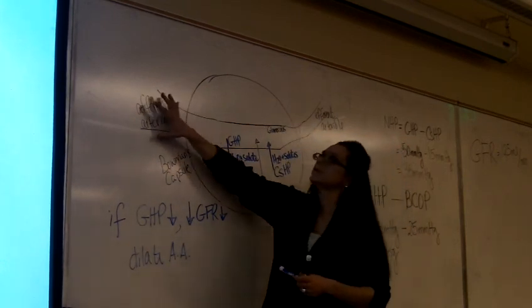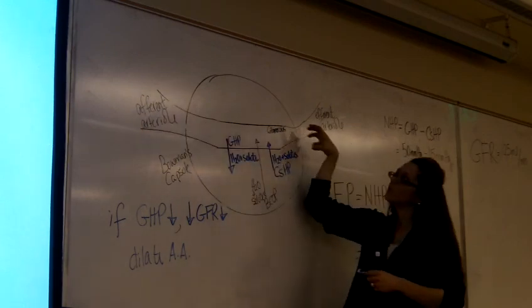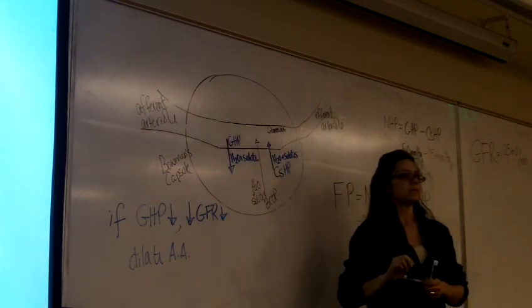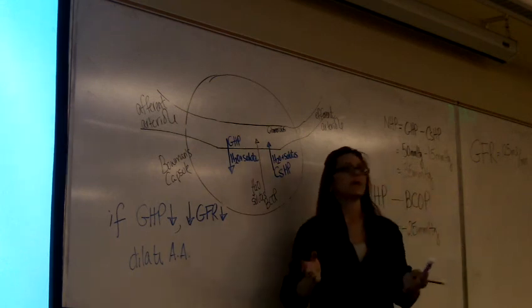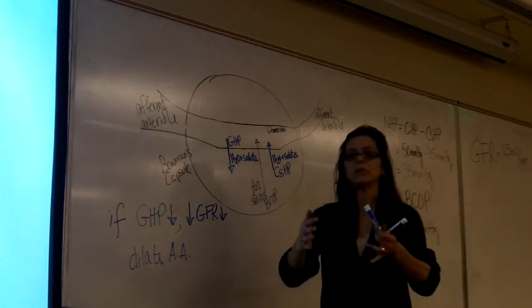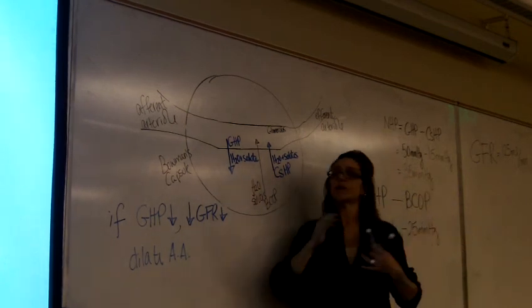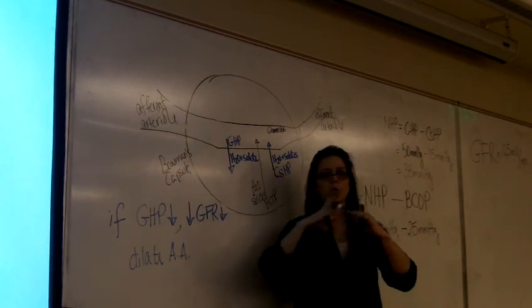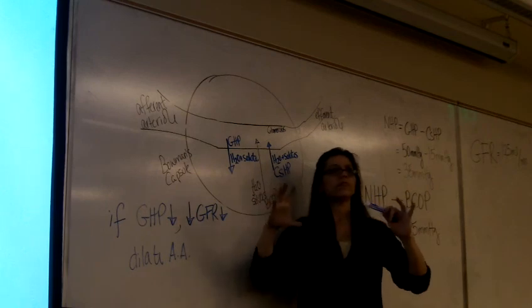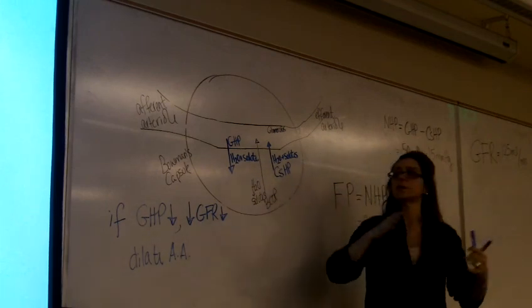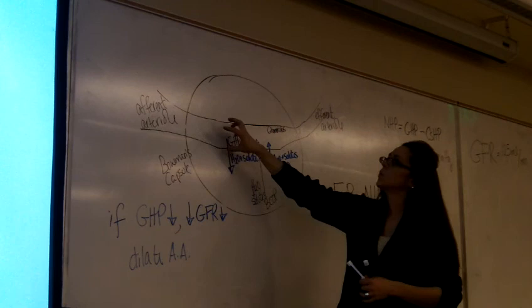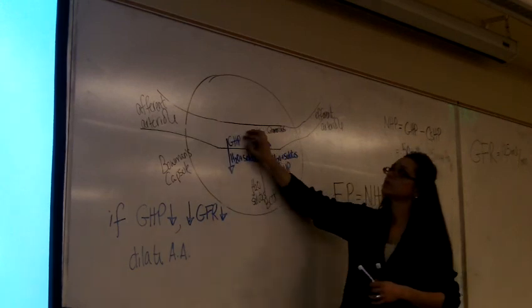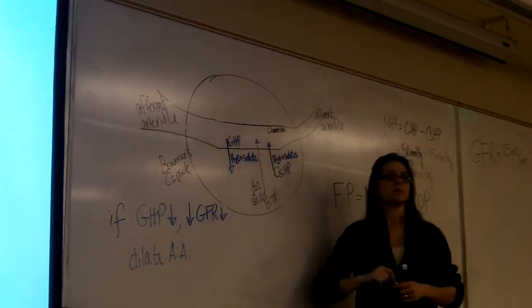Dilating this is going to allow blood to flow into this capillary bed faster. Same thing like at every capillary bed. If we want blood to flow into that bed faster, we dilate the afferent arteriole. It's like opening up the floodgates so more blood can come in. More blood coming in means the pressure in here is going to start to increase.